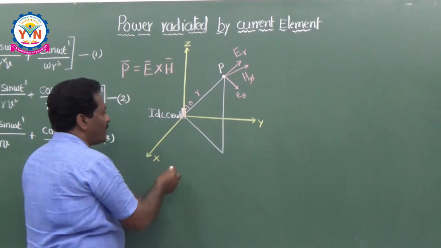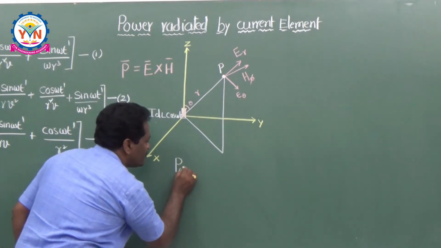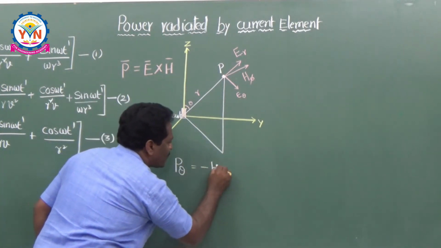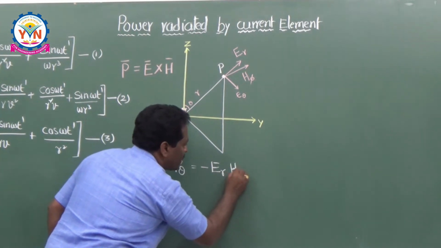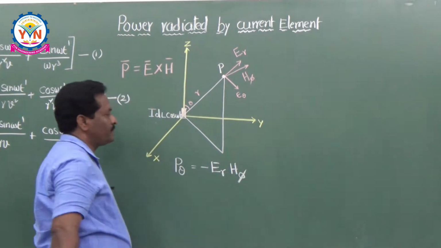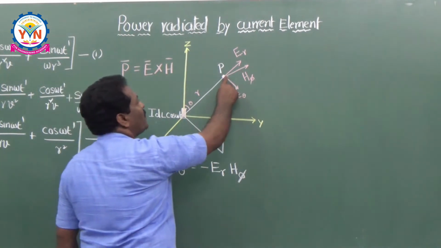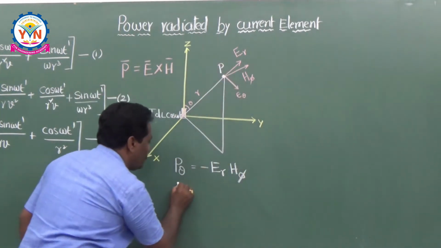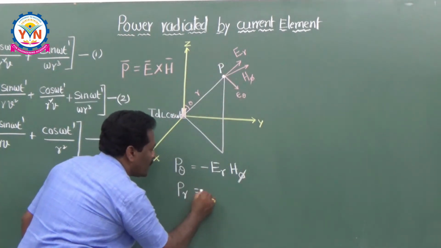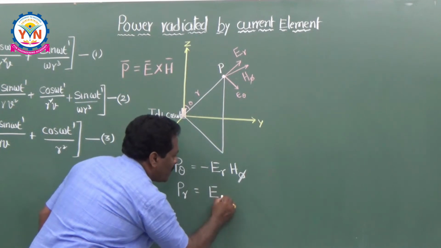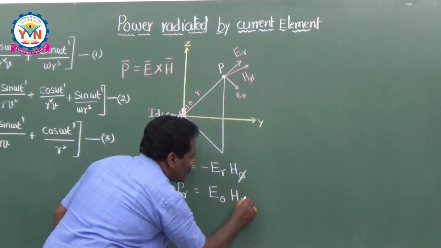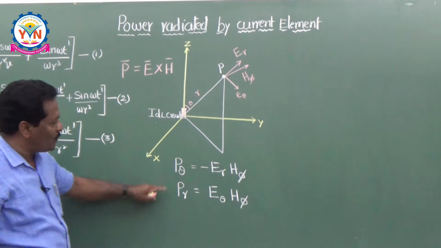So you can say that P theta is equal to minus E_R into H phi. And if you take the power in R direction, then P_R is equal to E theta into H phi. So these are the expressions you are going to use.